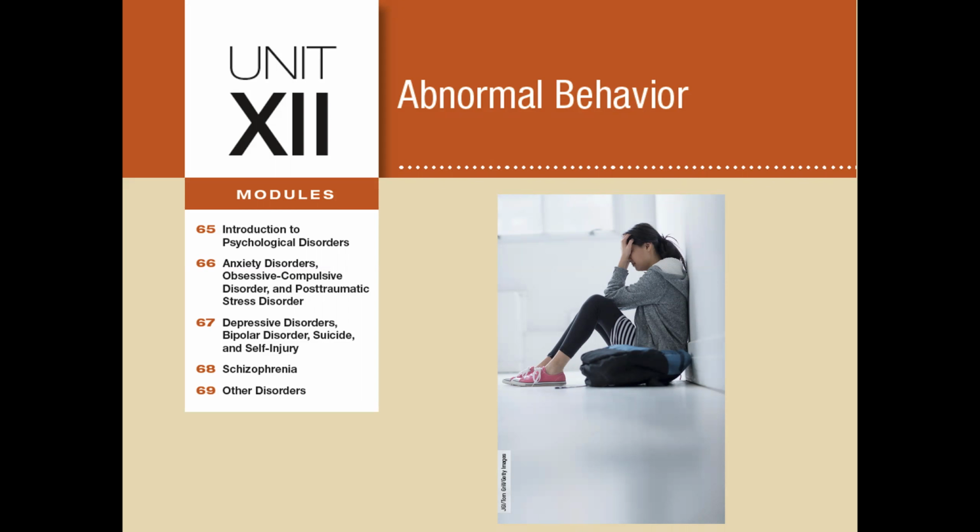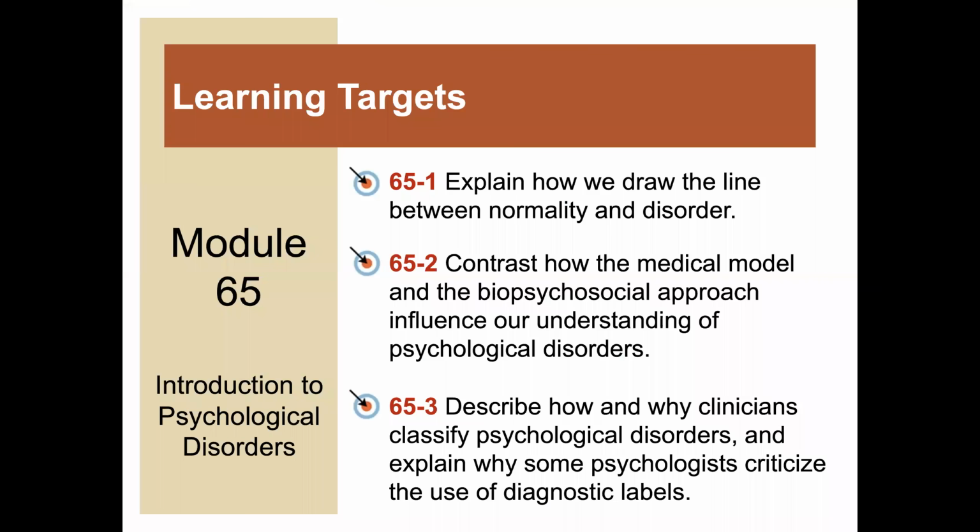Now, this is a fairly long module, and I'll do my best to get through it rather quickly. There are quite a few learning targets. The first one is explain how we draw the line between normality and disorder. The second one is contrast how the medical model and the biopsychosocial approach influence our understanding of psychological disorders.